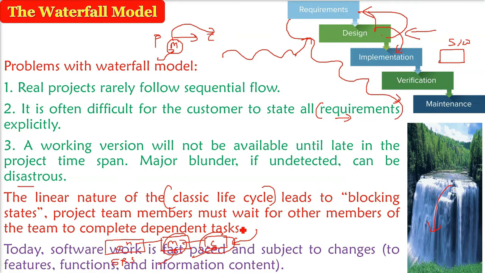The life has changed. The changes will come. So the feature, function, information are going to change every time. So for that, the waterfall model may not be that useful. But if you know the requirement, it's always good to use the basic model, which is the oldest tested waterfall model.